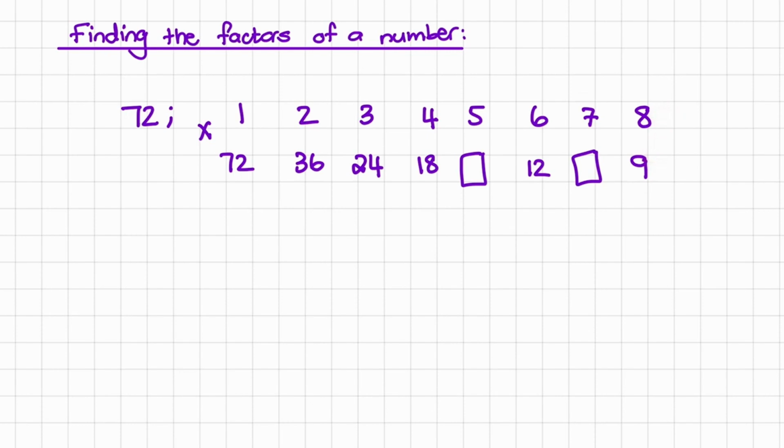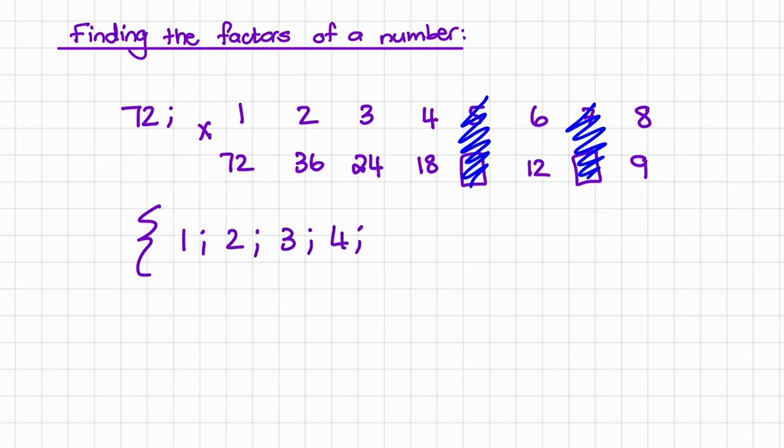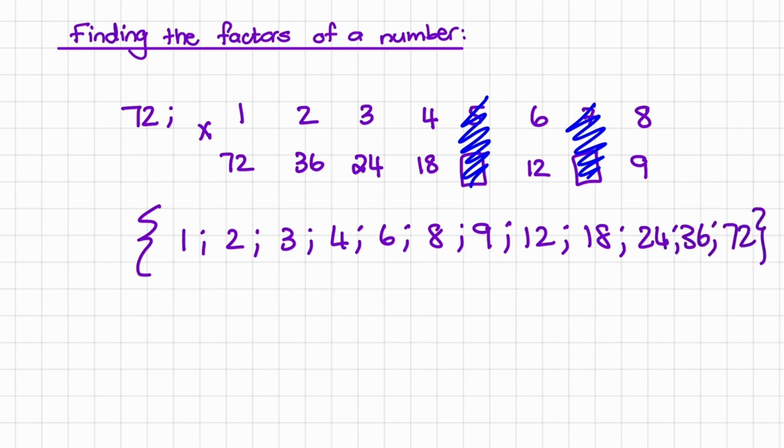So the factors of 72 would be all of these values except for 5 and 7. So the factors of 72 would be 1, 2, 3, 4, 6, 8, 9, 12, 18, 24, 36, and 72. And that's how we find the factors of a number.